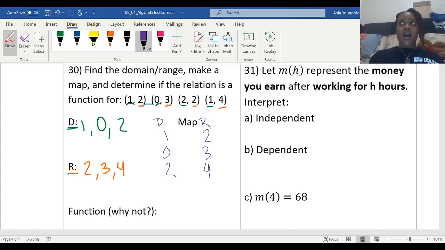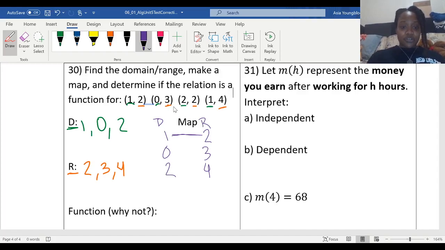To represent our ordered pairs in this map, we're going to draw lines from the corresponding x and y values. This first ordered pair says that when x is equal to 1, y is equal to 2. To show that, we're going to draw a line from 1 to 2. That's the first ordered pair. The second ordered pair says when x is equal to 0, y is equal to 3.